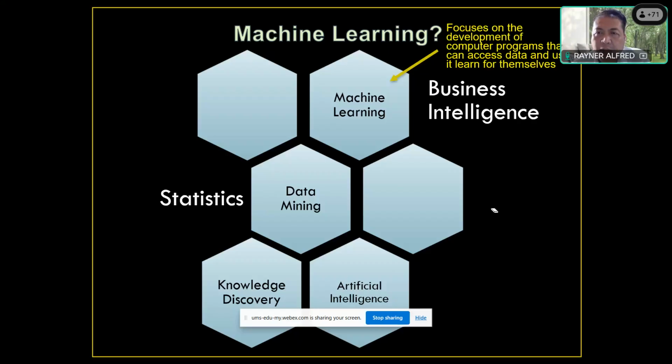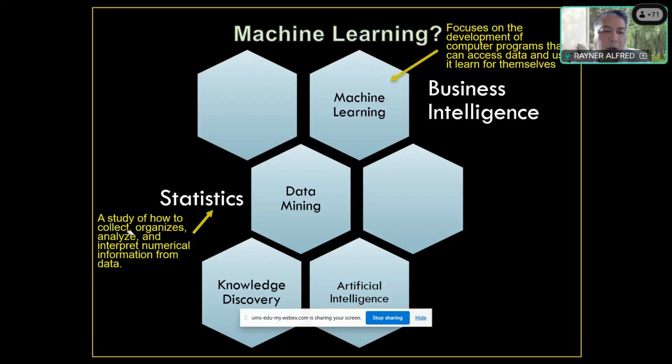They focus on the development of computer programs that can access data and use it to learn the frequent patterns from the data. In order to detect or extract the frequent patterns, they will use statistics.